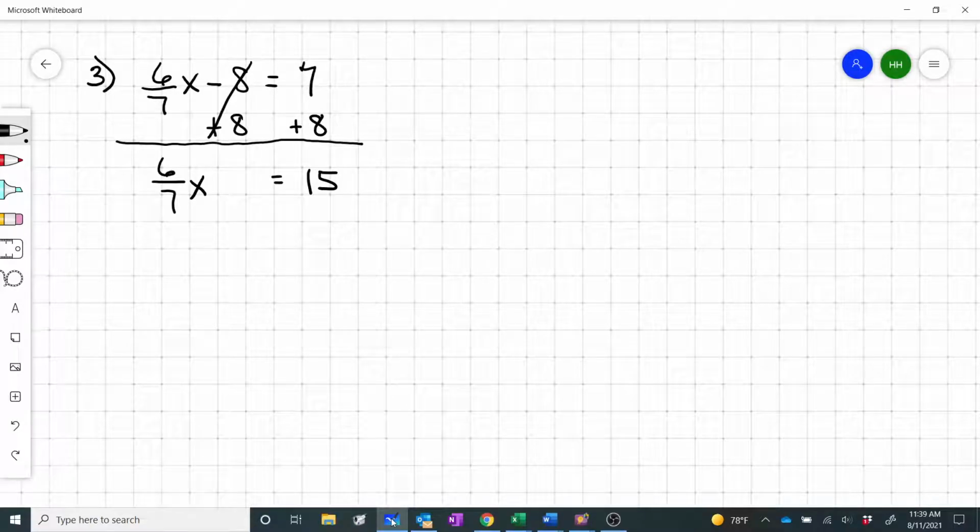So you can divide both sides by what's in front of the variable. So if you divide both sides by 6/7, 6/7 divided by 6/7 equals 1. And you don't need to write the 1 in front of the x. And 15 divided by 6/7, that's 17.5.